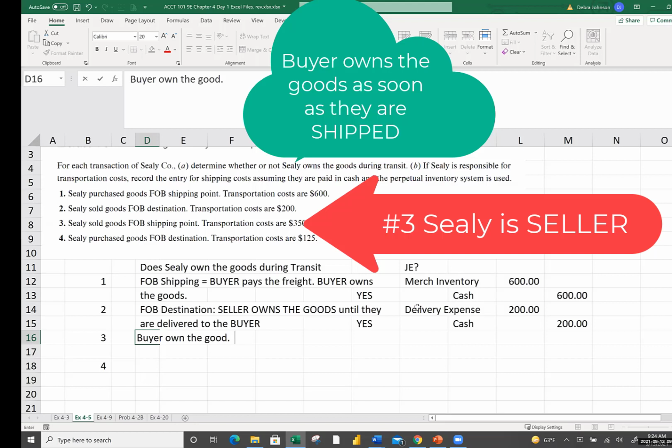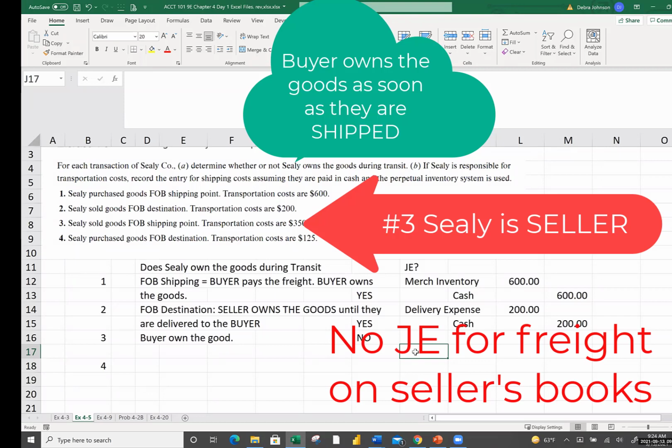Sealy does not own them because he is the seller. And therefore, because the shipping is not his problem, there will be no journal entry on that one. The buyer owns the goods as soon as it leaves the shipper's dock. That same one on number 1, that same explanation. The buyer owns the goods, and right now, Sealy is the seller.